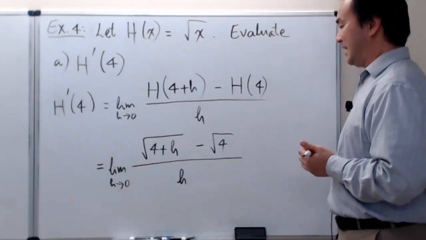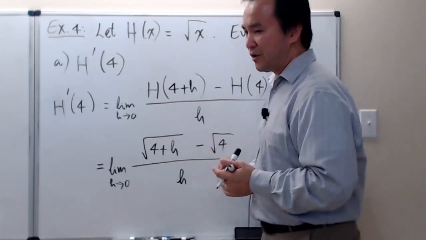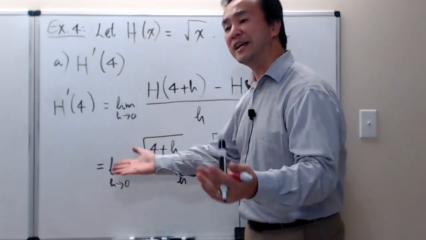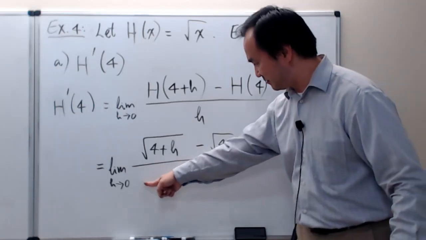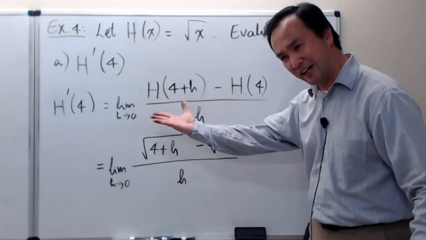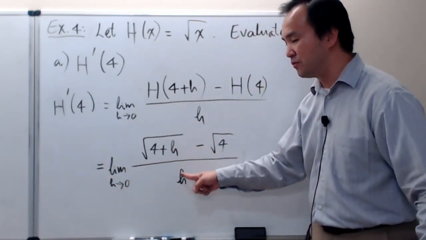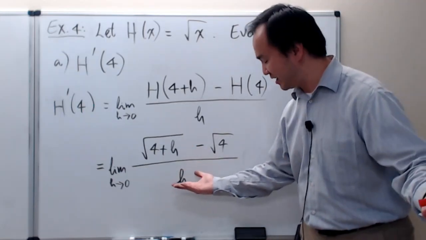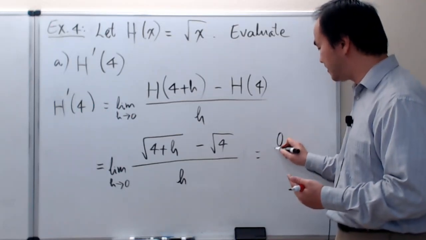Now I am going to move to my other board, and let's work out the next step. The reason we have to work out the next step is that, at this point of your learning, you should be experienced enough to tell ahead that if we directly substitute h equals 0 into the places of h right here, using the limit laws immediately, it's not going to work out, because it's going to immediately give you 0 over 0.